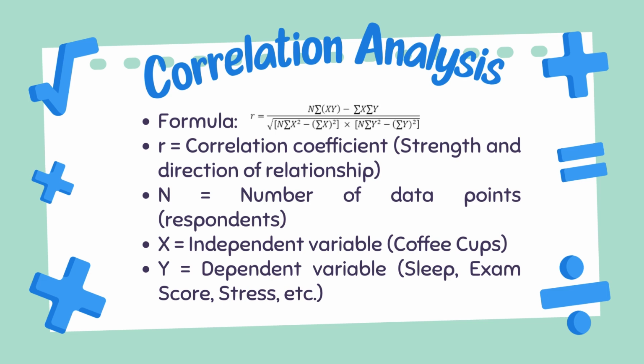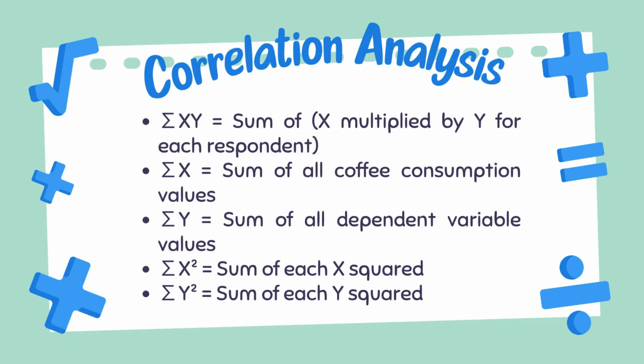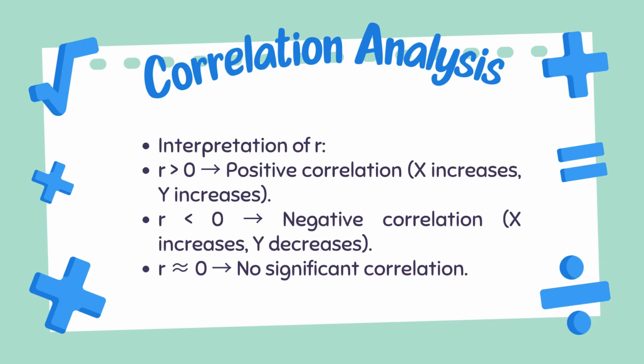X is the independent variable, the coffee cups; Y is the dependent variable: sleep, exam scores, stress, etc. Sigma xy is the sum of x multiplied by y for each respondent, sigma x is the sum of all coffee consumption values, sigma y is the sum of all dependent variable values, sigma x squared is the sum of each x squared, and sigma y squared is the sum of each y squared.